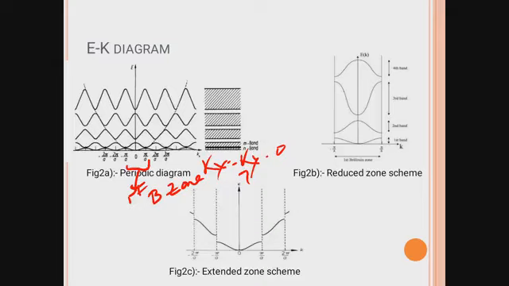So this scheme is not allowed over here. For simplicity we have allowed only this reduced zone scheme technique, and these are the discontinuities. They are not lying on the same line. That is why the discontinuity is happening at each zone.